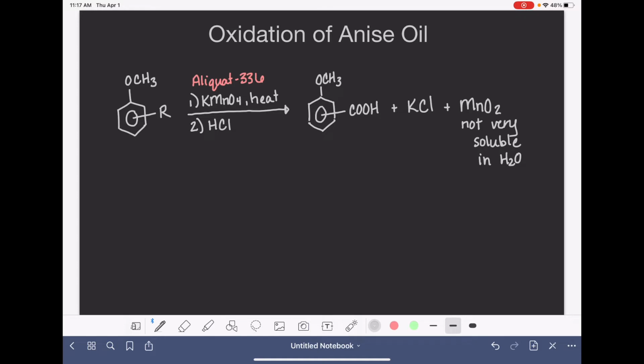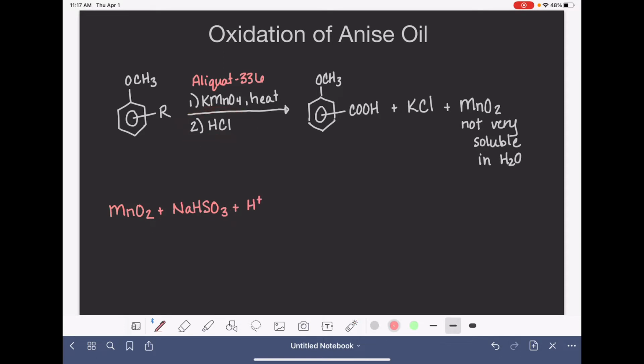And so what we're going to do is take that manganese dioxide and convert it to something that is more soluble in water. We're going to do that using sodium bisulfite, NaHSO3, not SO4. Sodium bisulfite with a little bit of acid, which we already have present.